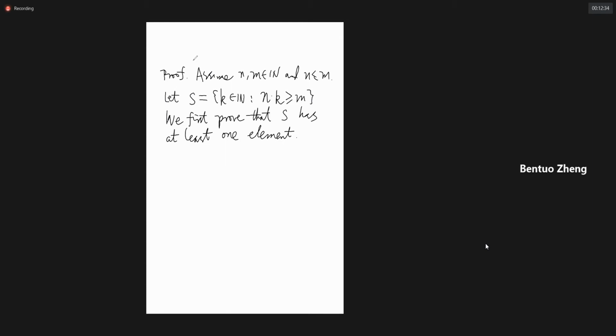So actually we can claim that the number m belongs to S. In other words, what we want to show is n times m is greater than or equal to m.